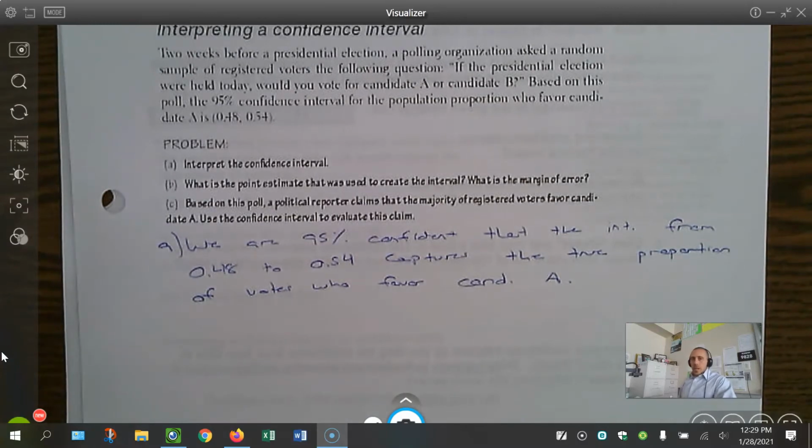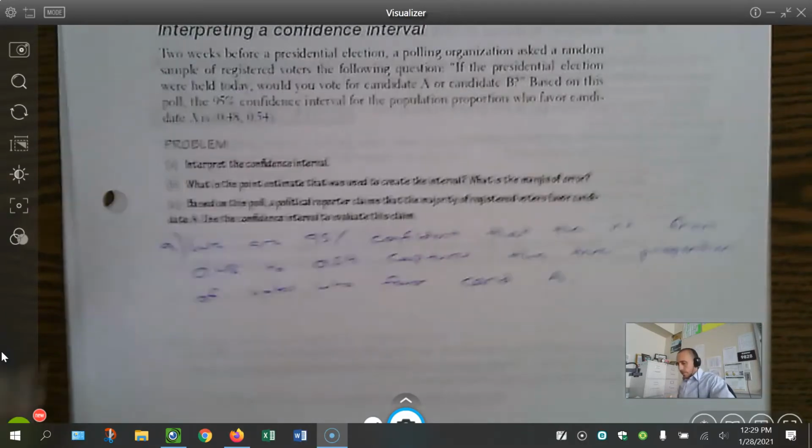So we're 95% confident that the interval from 0.48 to 0.54 captures the true proportion of voters who favor candidate A. All right, part B.